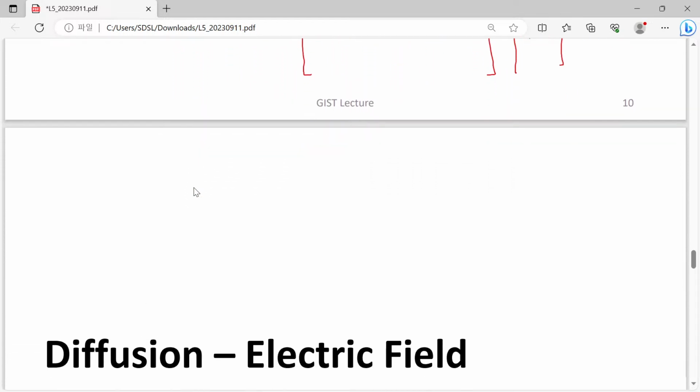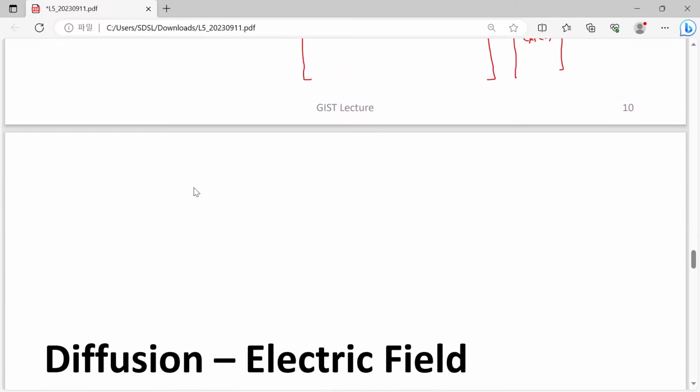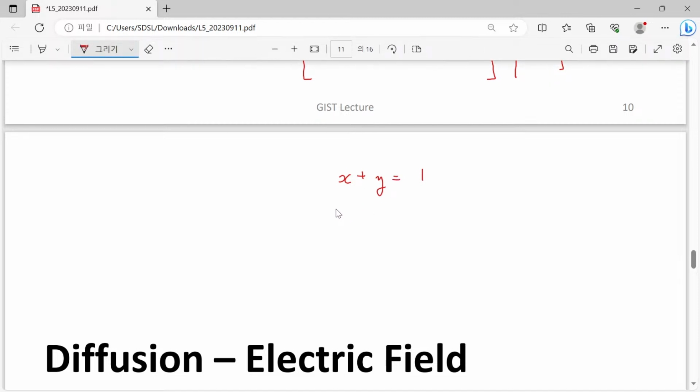So let's say that you are a middle school student and you are asked to solve this problem. X plus y equal to 1. X plus 2y equal to 2. And g plus w is 3 and g is 2, w is 3.